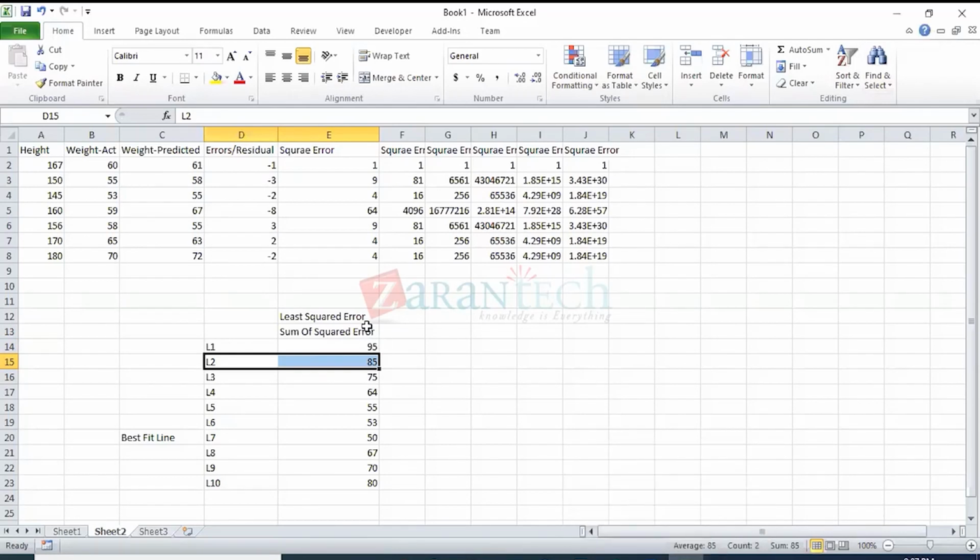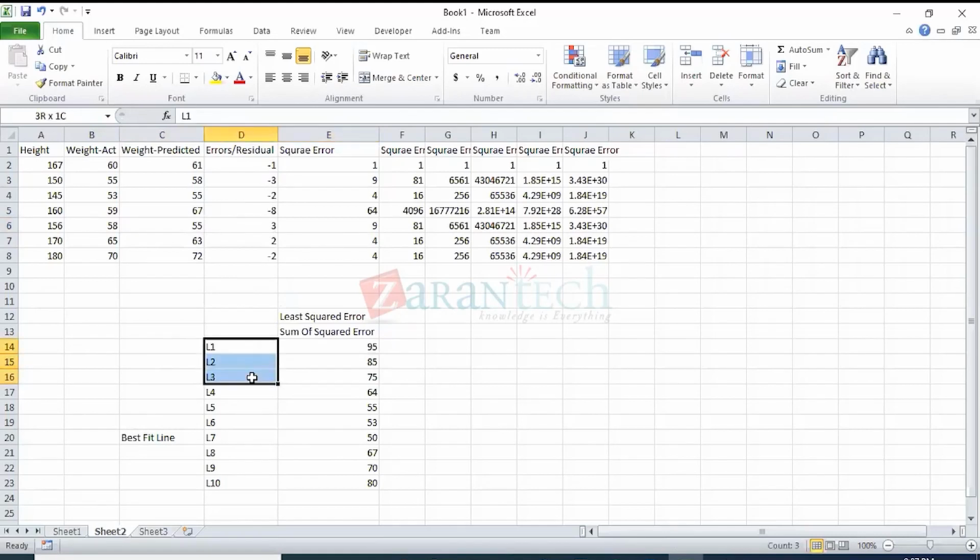Why is my value decreasing? Because it is trying to predict the correct values. So let's say here my weight was 58 and in line 1 it predicted 55, but in line 2 it might have predicted 56. So my residual has decreased from 3 to 2, and that is why my total sum of squared error has decreased.